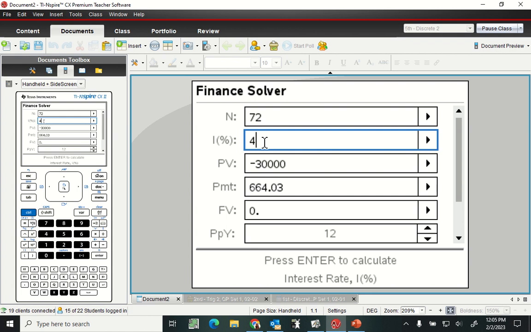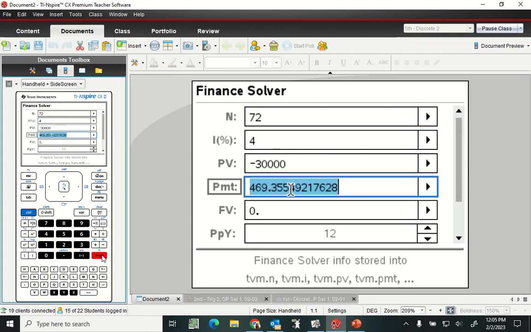So if we're calculating payment, I click on payment and hit enter.